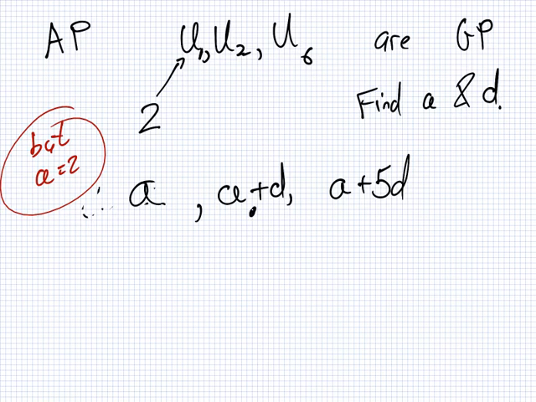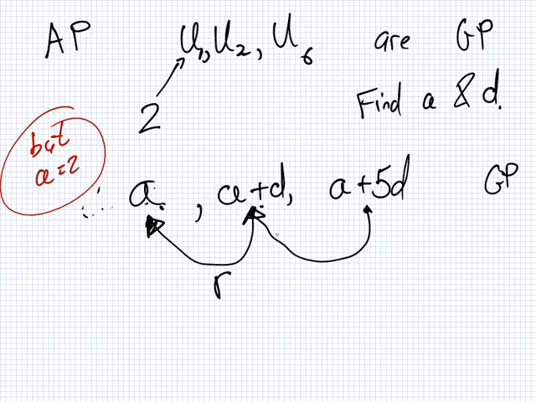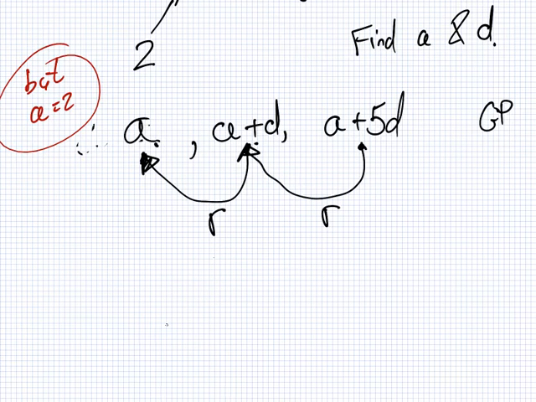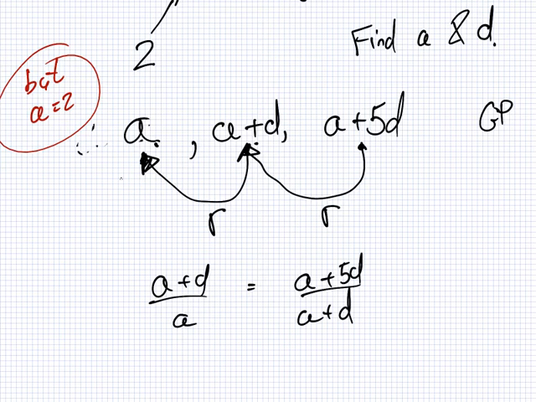So when I take this and divide it by this, what should I get? If this is geometric, then when this divides by this, it should be R, and this one, when it divides by this one, it's R as well. So you can say A plus D over A equals A plus 5D over A plus D. But you know A is 2.